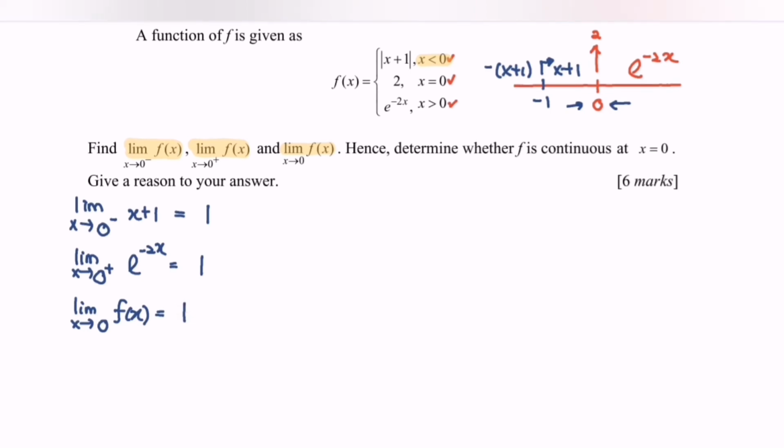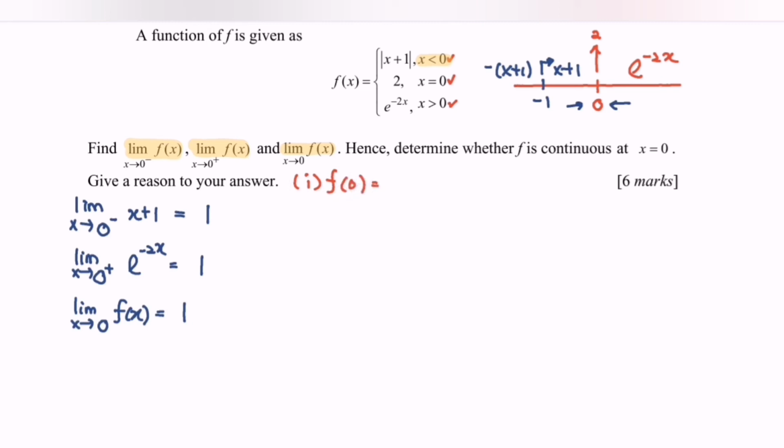Next, determine whether f is continuous at x equals 0. Give a reason for your answer. When we discuss continuity, first we have to refer to the conditions. Condition number 1, f(0).